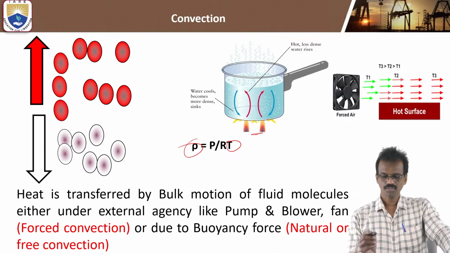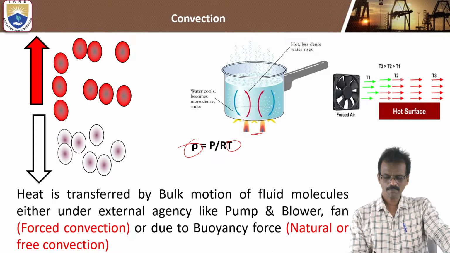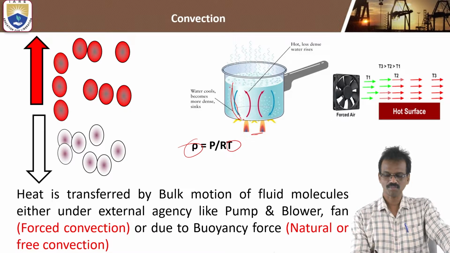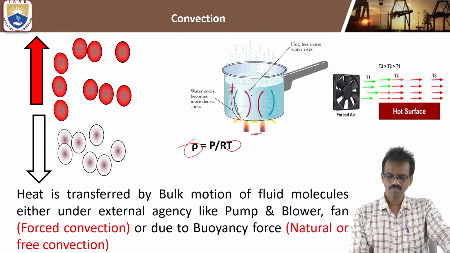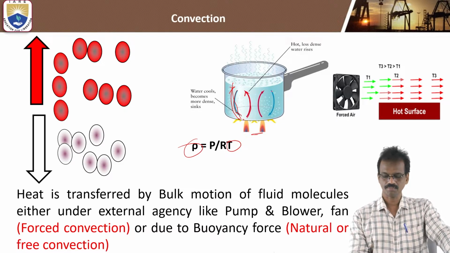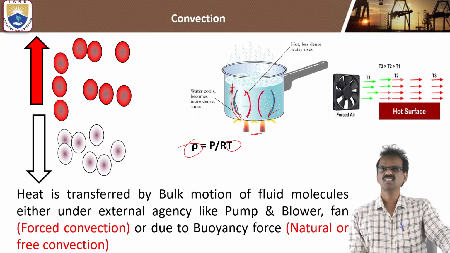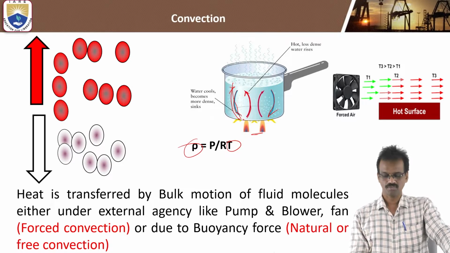So heat transfer takes place from bottom to top, by the movement of particles from bottom to top because of density differences. This is called the buoyancy effect, you know that.